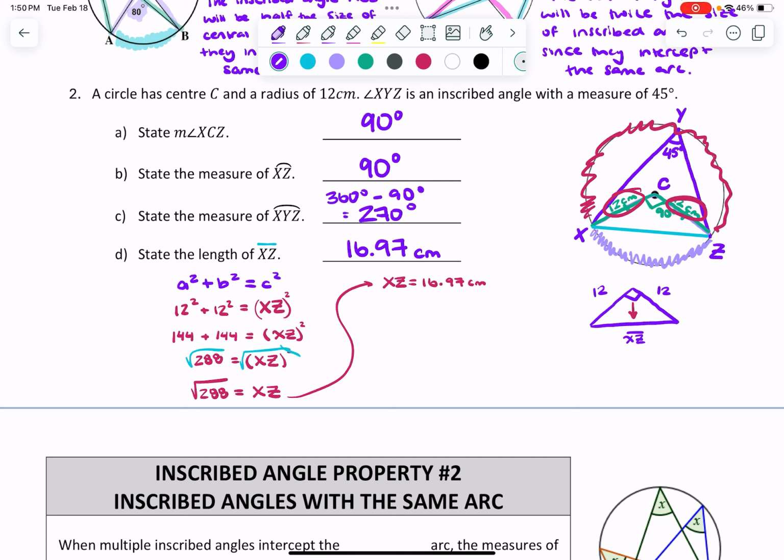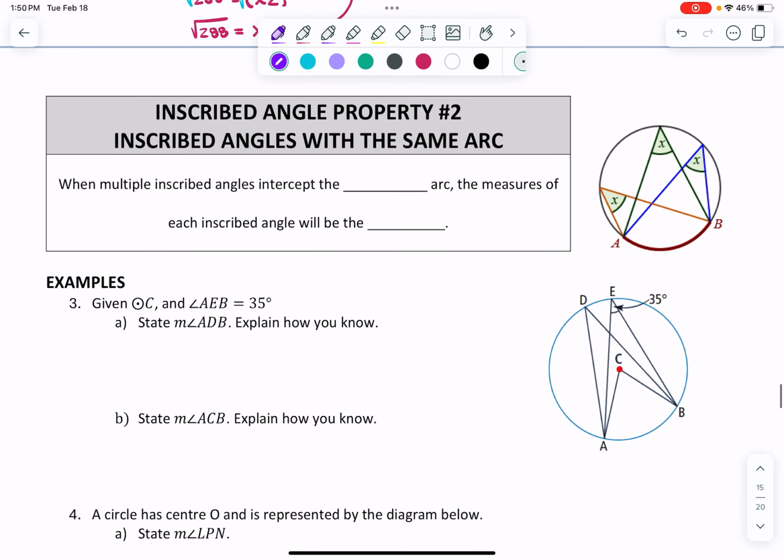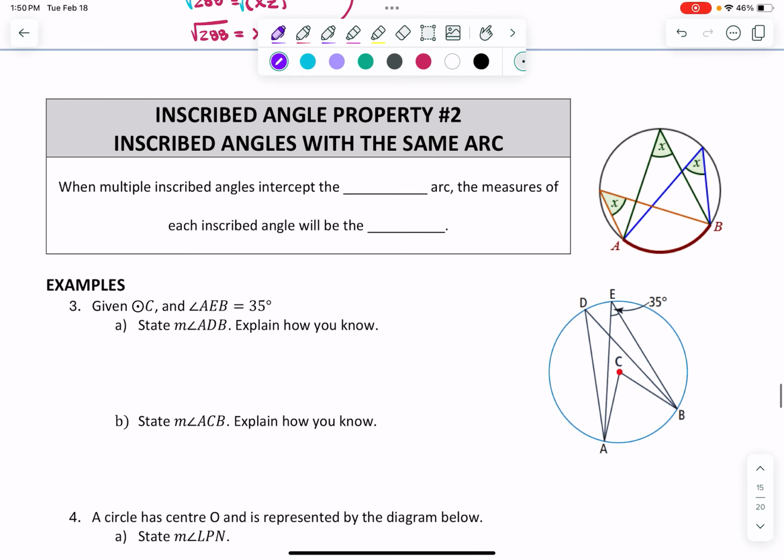Okay, property number 2. So property 1 was about inscribed angles versus central angles. Property number 2 is inscribed angles with other inscribed angles. So when multiple inscribed angles intercept the same arc, the measures of each inscribed angle will be the same.